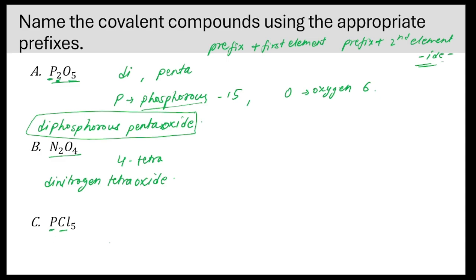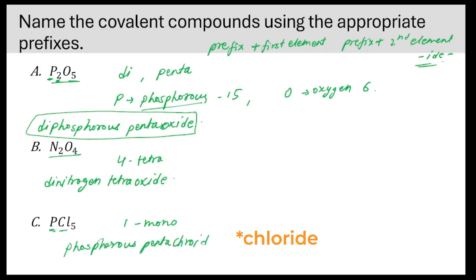So phosphorus is 1, which is mono, and we said that for the first element, if it's mono, we don't have to write it because it's implied by itself. So we can simply say phosphorus pentachloride.